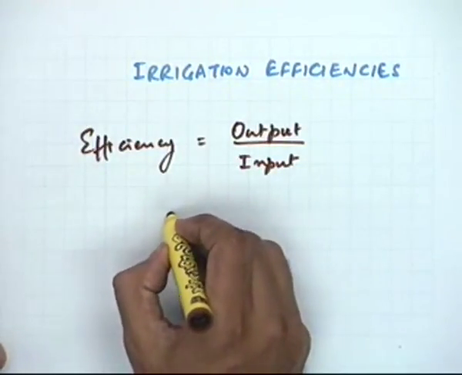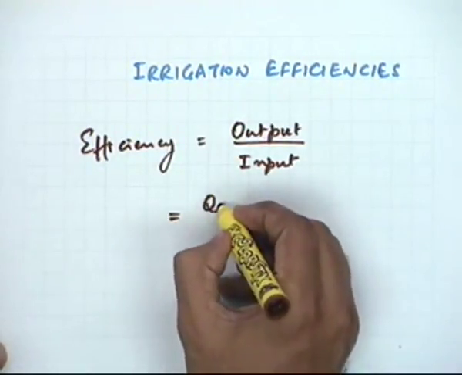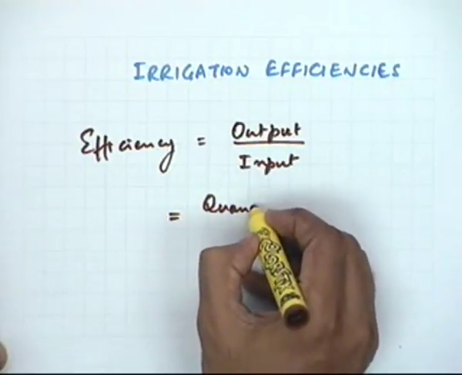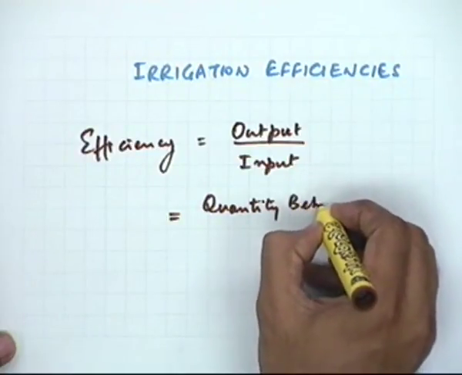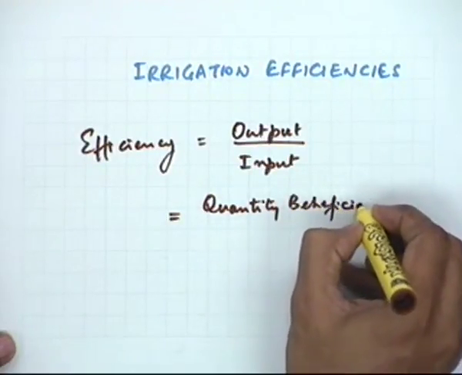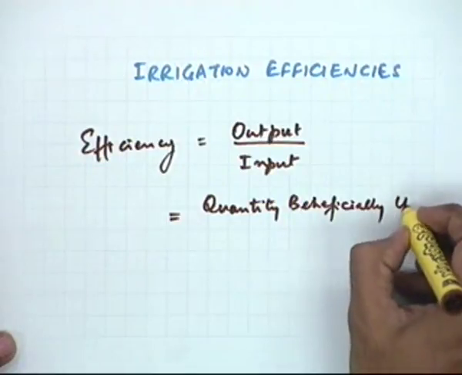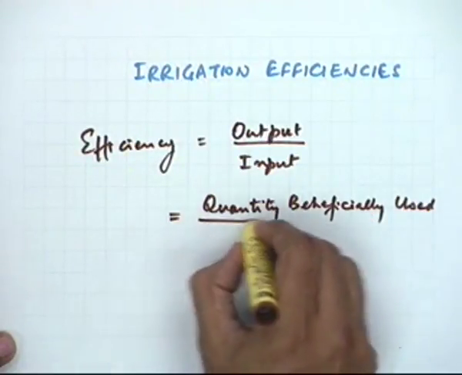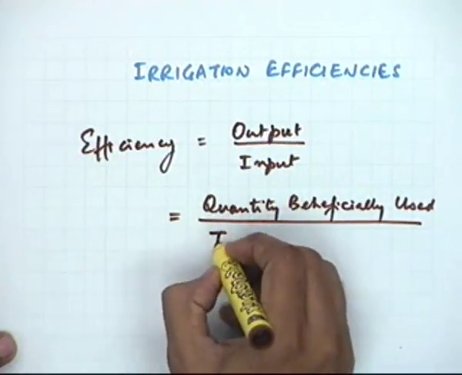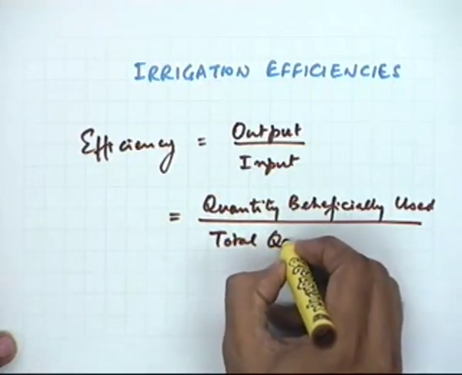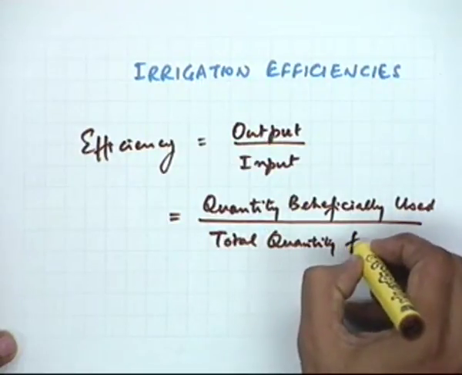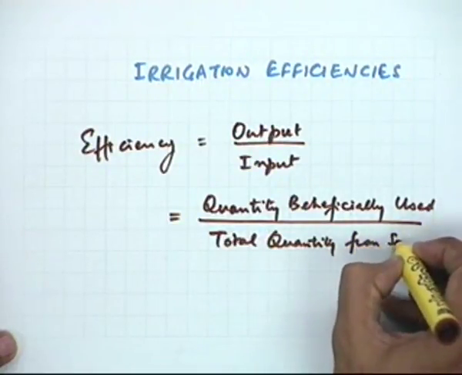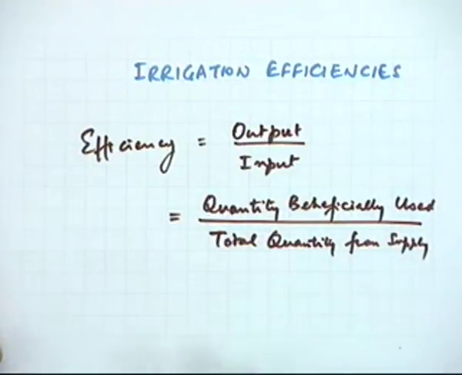And you can also say that this is the quantity beneficially used to the total quantity which you have received from the supply.